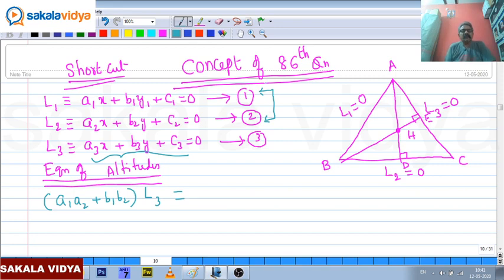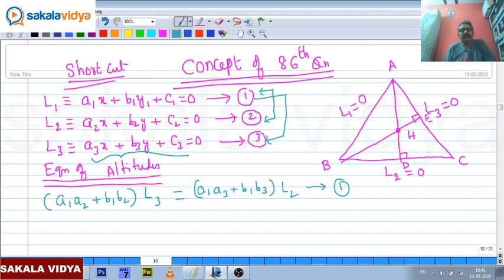So next, take these two equations. That means you can write A1 A3 plus B1 B3. So now when you take these L1 and L3, L2 is missing. Simplify this one, you get one of the altitudes, equation 1.